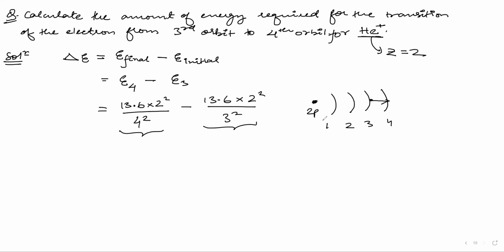So as you picture it, what will be the Z? Always 2, because the proton number is 2. Now for the 4th shell, the n will be 4 square. For 3 it will be 3 square. So first picture this thing qualitatively, then quantitatively calculate the energy. That is the energy that will be required now. Calculate this.